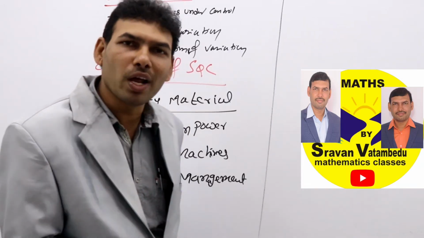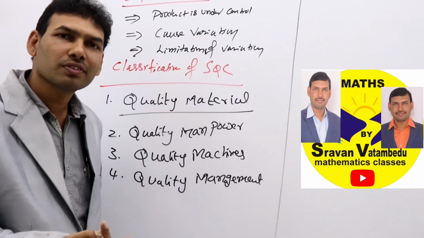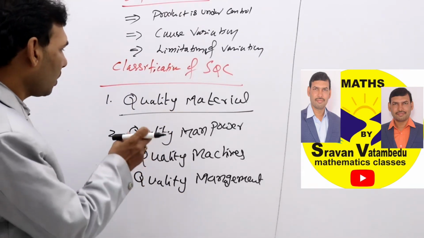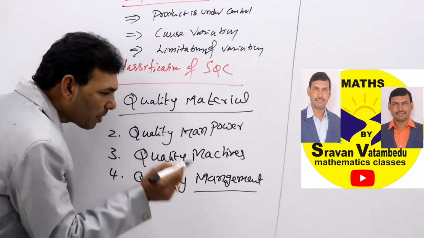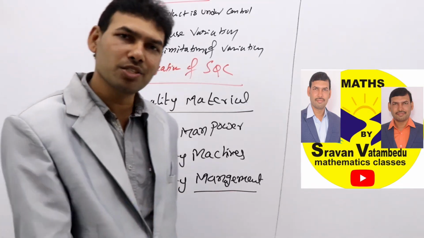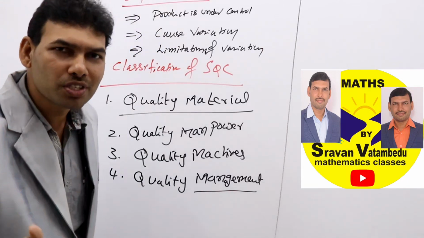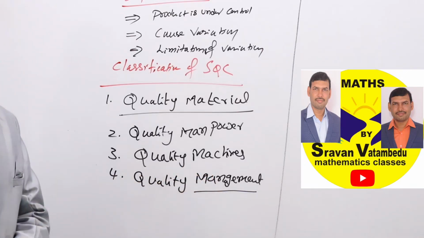Who will buy quality material? Who will buy quality machines? Who will employ good manpower? This is all done by quality management, uncompromising management. They can invest anything to produce a good product. That type of management is needed.